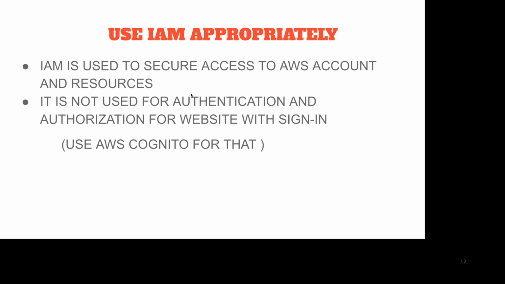And that being said, a lot of people new to AWS would think that IAM would be the go-to for authentication and authorization within your application, but that's a big no-no. So we want to shift that unit of work to another service that AWS manages, which is AWS Cognito.